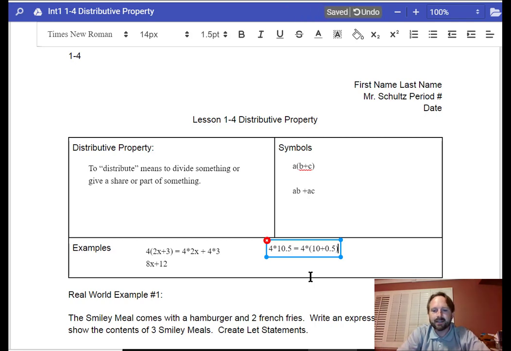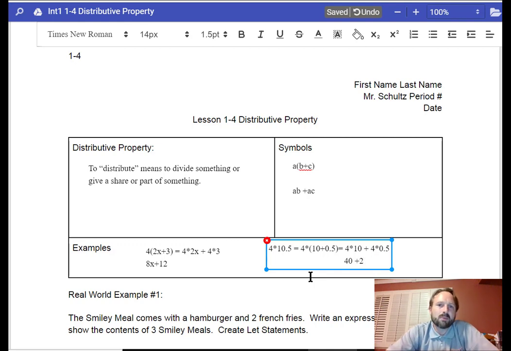So if I say that, then I know that would equal 4 times 10 plus 4 times 0.5. What does that mean? Well, 4 times 10 is 40, and 4 times 0.5 is 2, because half of 4 is 2. So the answer would be 42.